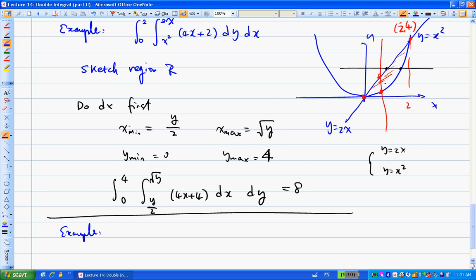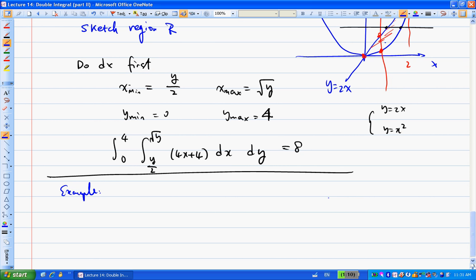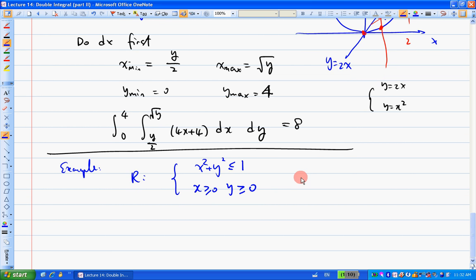So this is the one I'm talking about here, and my region R is this. Notice the different way of describing region R here. So this is region R, and let's say my f(x,y) equals y squared.